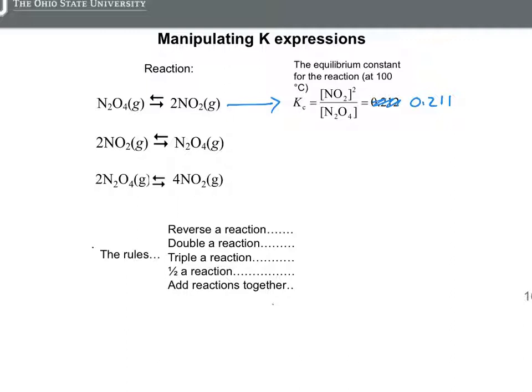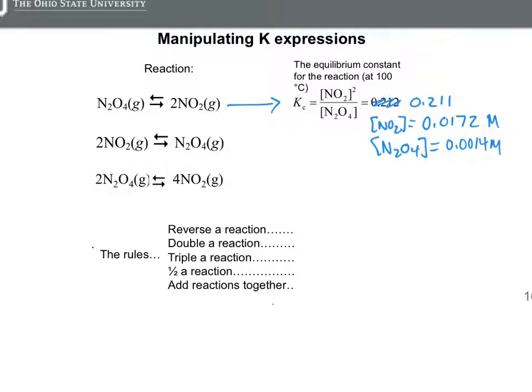The reason I'm telling you that is this is based off of a problem in your book where the concentration of NO2 is 0.0172 and the concentration of N2O4 is 0.0014.